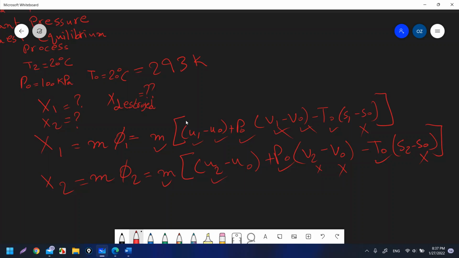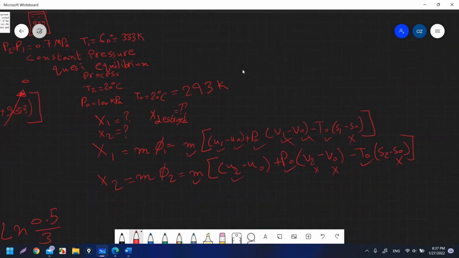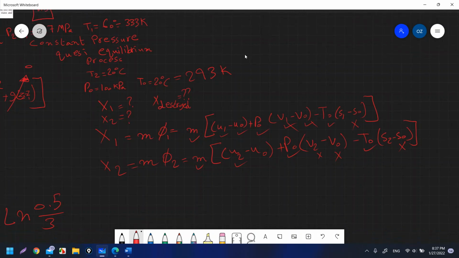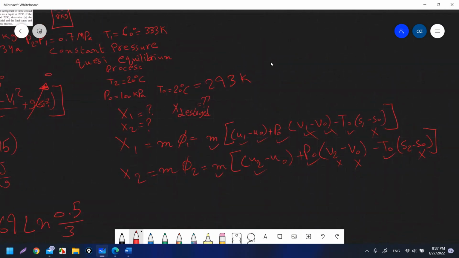Now we have refrigerant, so we will use the tables, the refrigerant tables. For the first state, P1 equals 0.7 megapascal, which also equals 700 kilopascal. Because the tables are in kilopascal, you have to convert; you multiply by 1000.